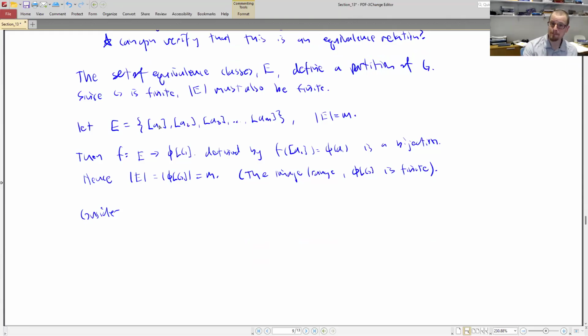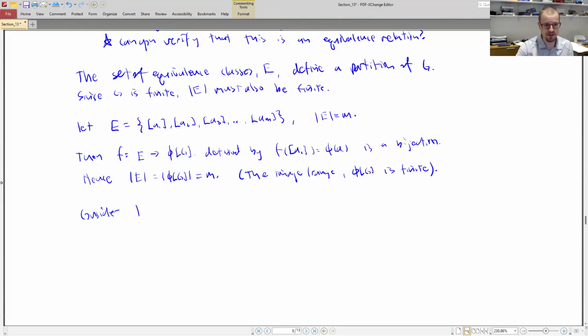For one of them, phi of AI is E, which means that one of these is the collection of elements that maps to the identity. That should sound familiar, right? That's the kernel. So one of these equivalence classes is exactly the kernel.